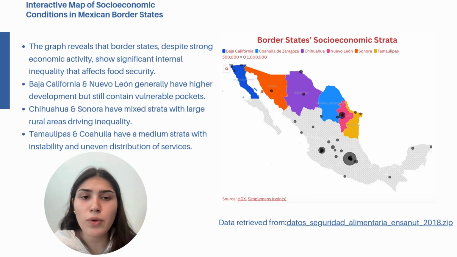Meanwhile, Coahuila and Tamaulipas fall into medium socioeconomic levels, with instability and clear gaps in how services are distributed. This connects directly to the US map we saw earlier. On the US side, barriers are more physical, like long distances to grocery stores, while in Mexico, barriers are more socioeconomic. Together, both maps show that the border isn't just a dividing line, it's a region where structural challenges stack up on both sides.